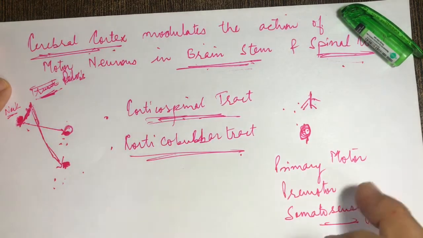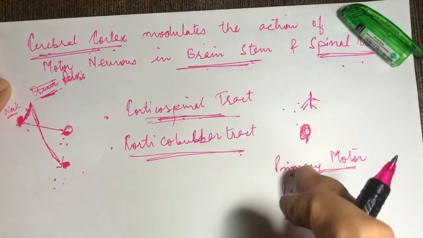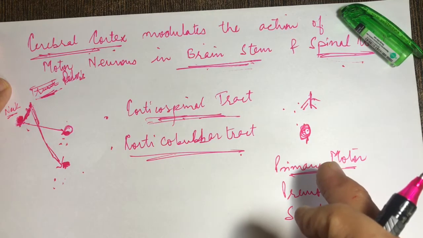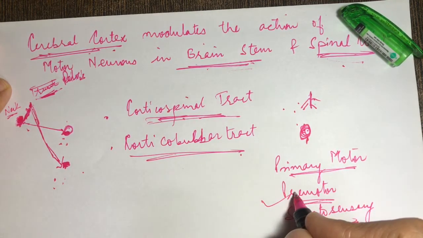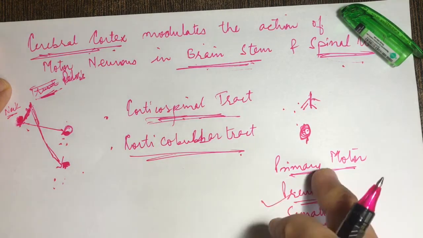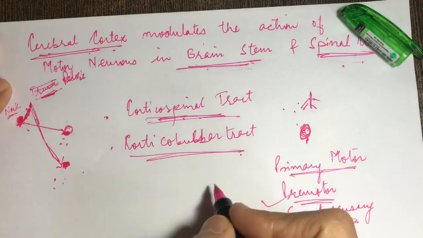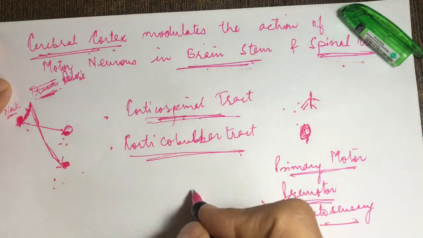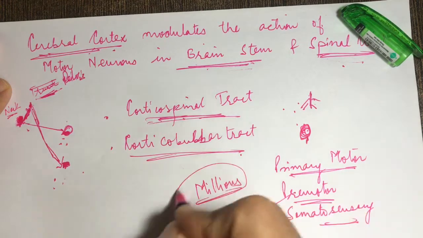So the primary motor cortex lies along the precentral gyrus in Brodmann area number 4, and the premotor in area number 6. The axons of the cortical neurons that project to the spinal cord are called the corticospinal tract. They are a massive bundle of millions of axons.